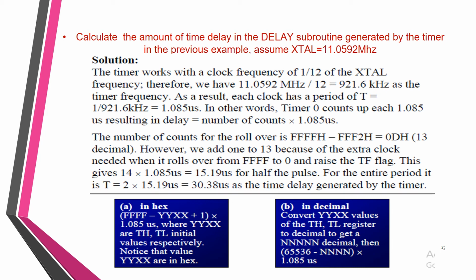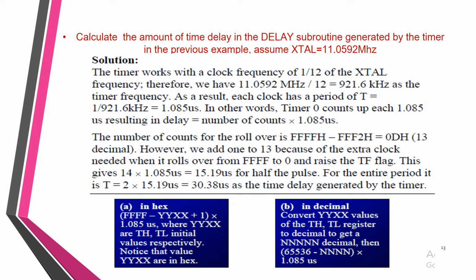So 11.059 divided by 12 gives 921.6 kHz as the timer operating frequency. Each clock has a period of 1 over 921.6 kHz, that is 1.085 microseconds. Timer 0 counts up every 1.085 microseconds, so the total delay is the number of counts times 1.085.